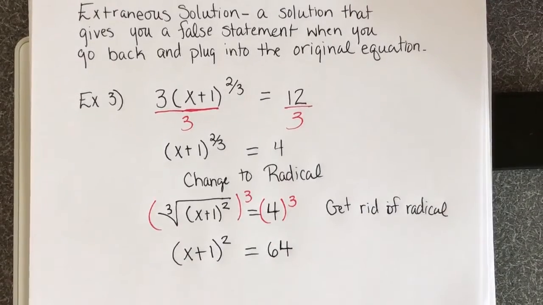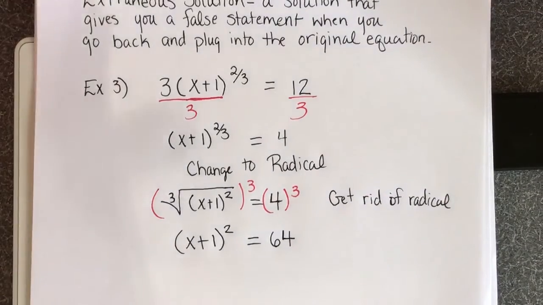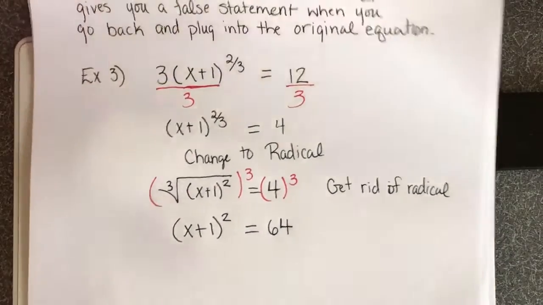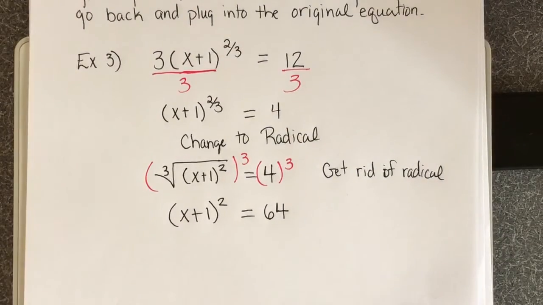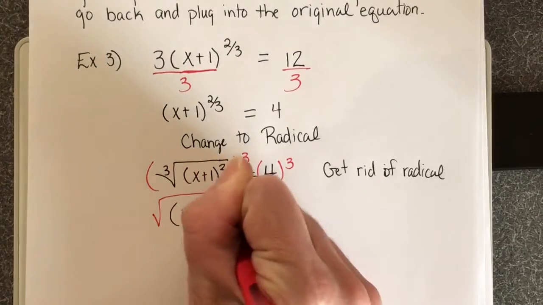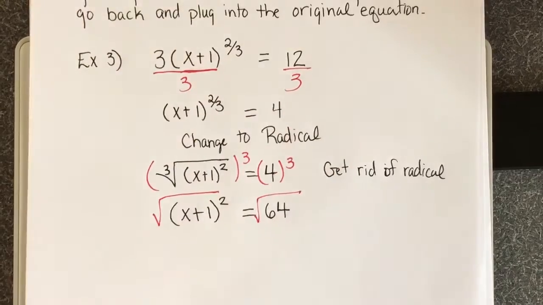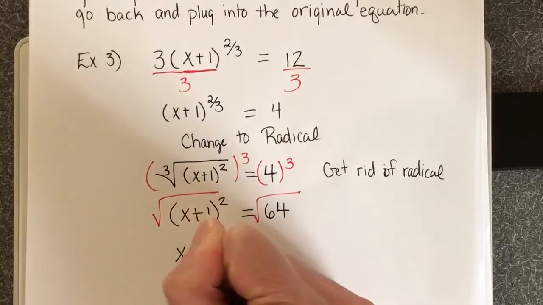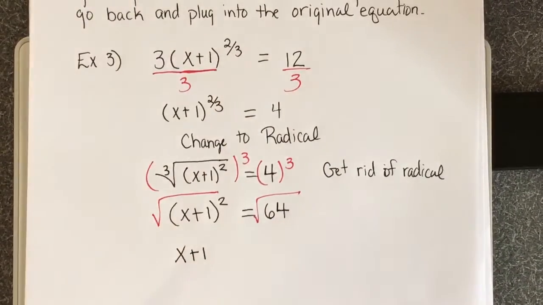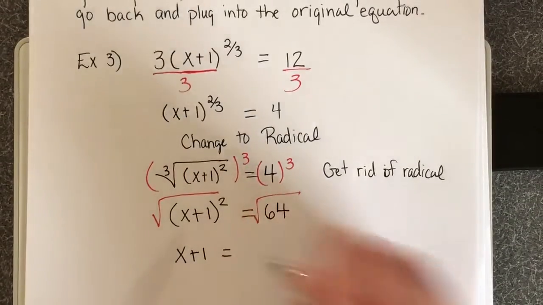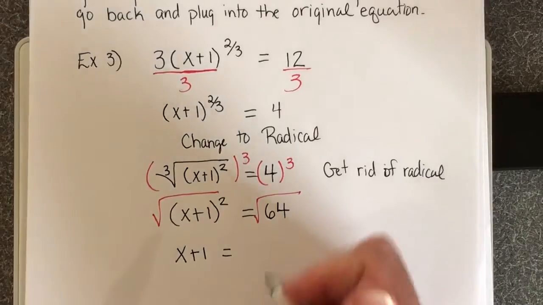Now, I don't have to worry about expanding this one out because it's a quantity being squared, and to undo a square, in this case, we can use our square root method. So I'm going to square root both sides to get rid of the square. But because I'm square rooting both sides, I have to take into consideration that there's 2 possible solutions.